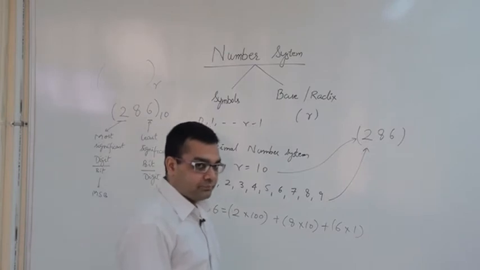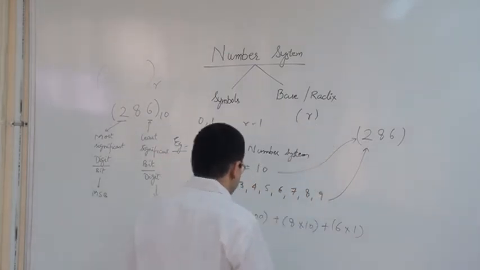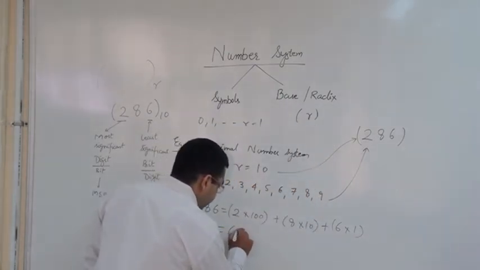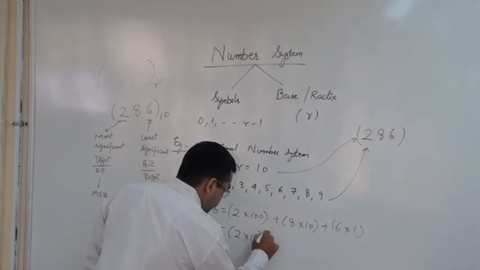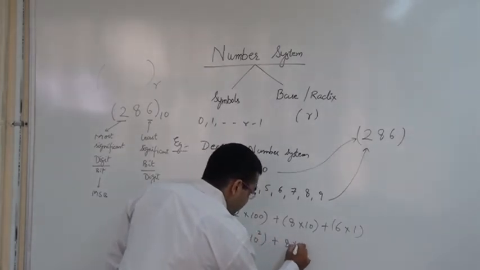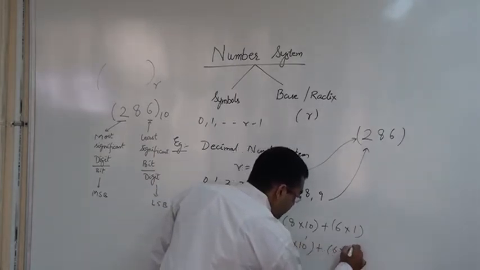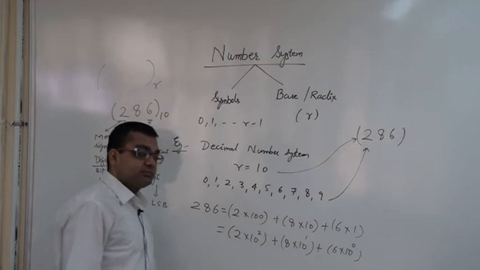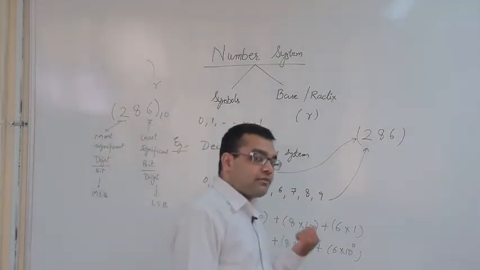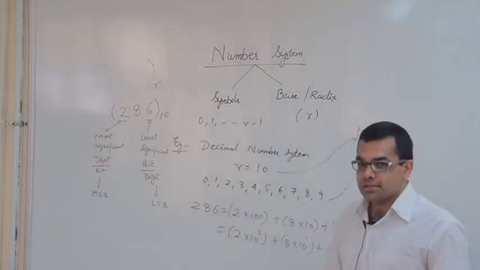Is it okay? Alright. This I can write in the form 2 into 10 to the power 2 plus 8 into 10 to the power 1 plus 6 into 10 to the power 0. Here 10 was our base or the radix of the number system.